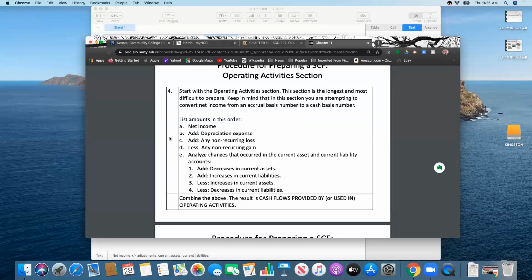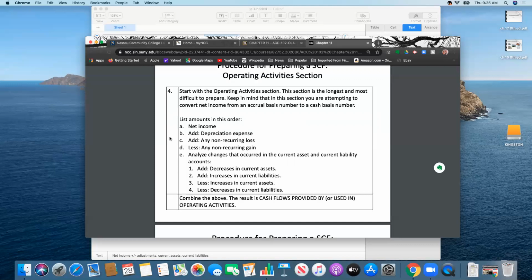With liabilities, it's the opposite. Add increases, subtract decreases. Now, again, how did I teach this to myself when I was in your place many years ago? Too confusing. I say, okay, let me just remember current liabilities, add increases, subtract decreases, and then current assets is the opposite. And then just tread very carefully when you're doing that.